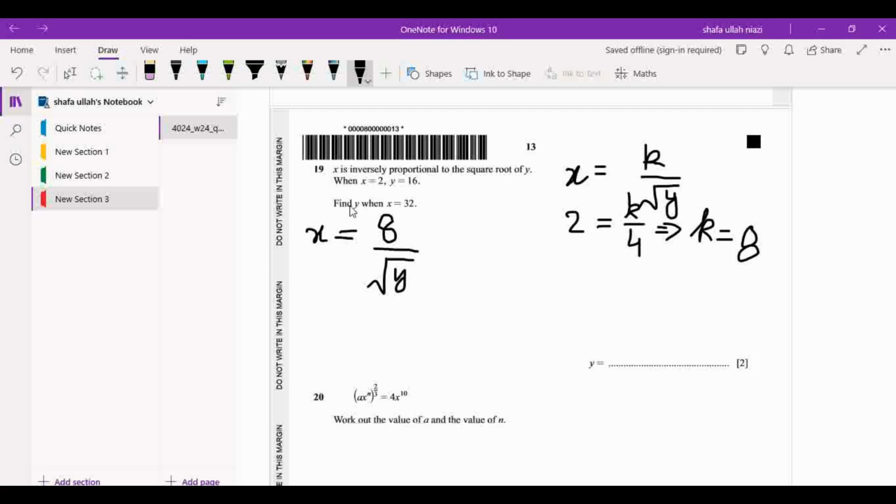Now the question is to find y when x is 32. Put x as 32, so we get 32 is equal to 8 over under root of y. Or we can write under root of y is equal to 8 over 32.